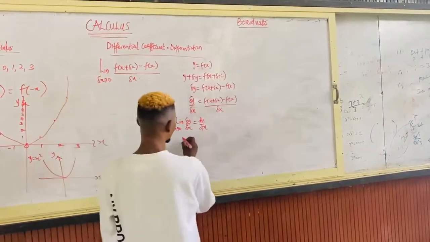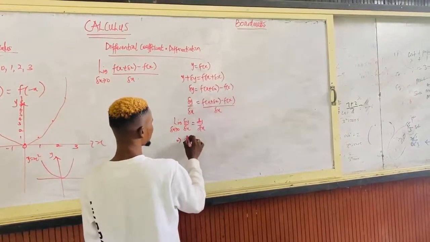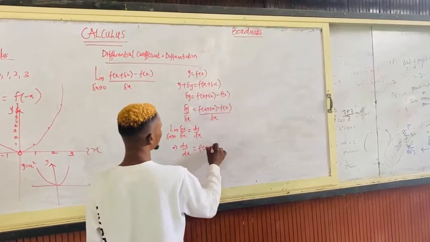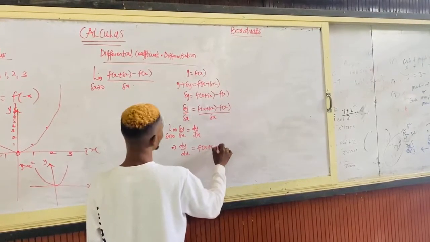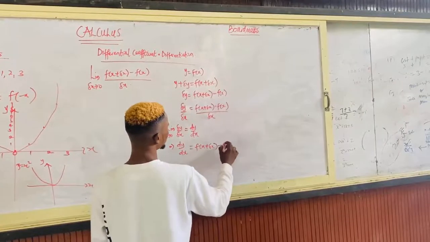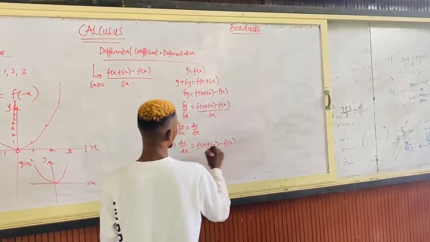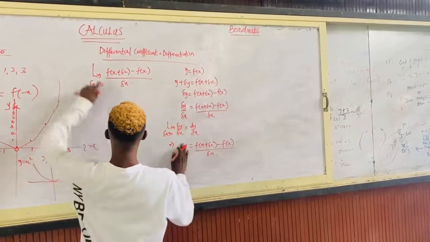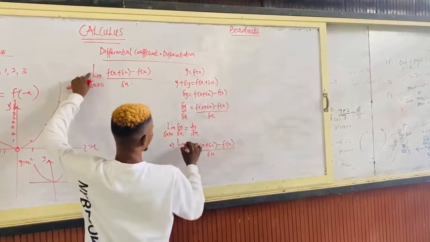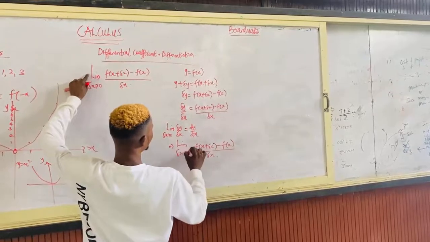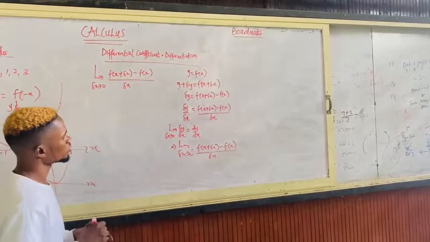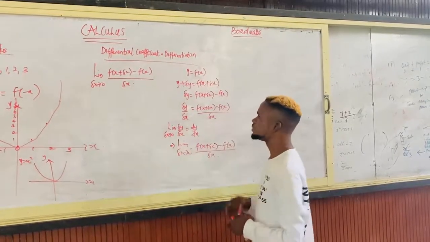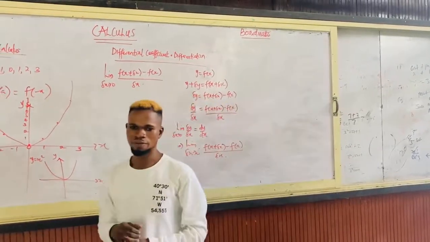So dy dx is equal to the limit as del x tends to 0 of f of x plus del x minus f of x all over del x. So we divide by the increment del x, then we take the limit of the function.